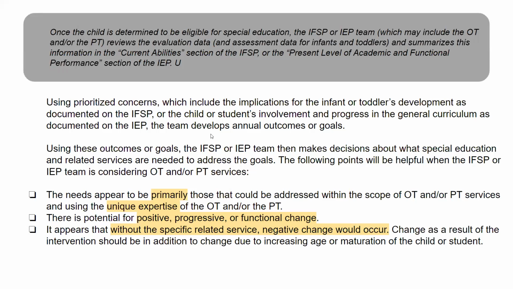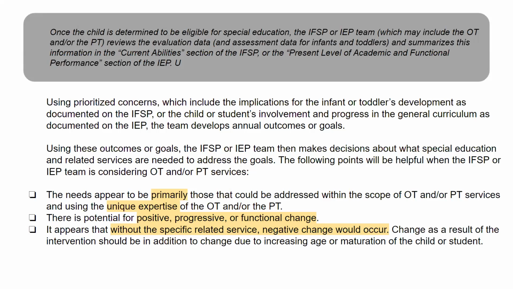Okay. Once the child is determined eligible, either the IFSP or IEP team will move to get all of that information together and come up with what we call prioritized concerns. Basically, those are the concerns that we feel are significantly impacting our children from the school and educational setting in Part B, or things that come to the developmental delay or stop their access to life skills and growth elements for those in Part C. So we use these main prioritized concerns to come up with annual outcomes and goals.